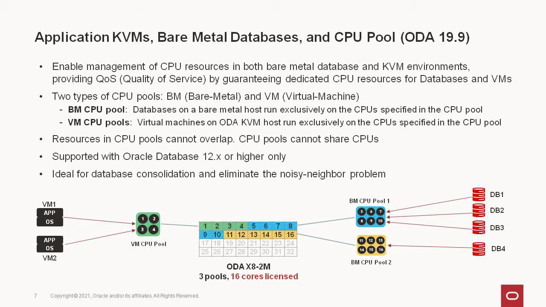With bare metal, you still can sub-license. In this case, we have 32 cores available, but we only activate half of it, 16 cores. Of those 16 cores, the database is using, as you can see on the right-hand side, 12 cores, and we have 4 cores used by the application. But because it is on bare metal, the bare metal licensing rule applies for our database license.